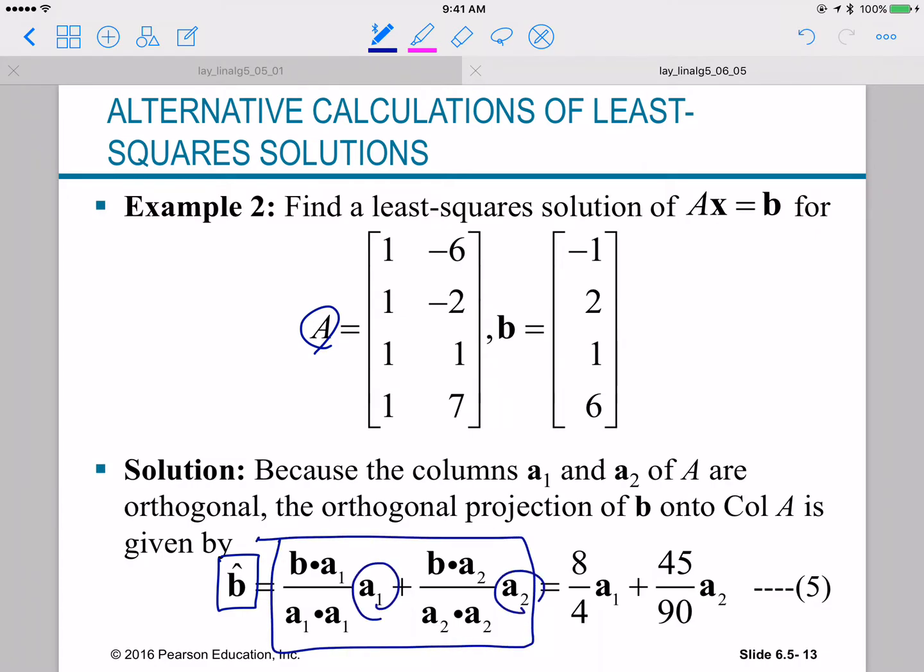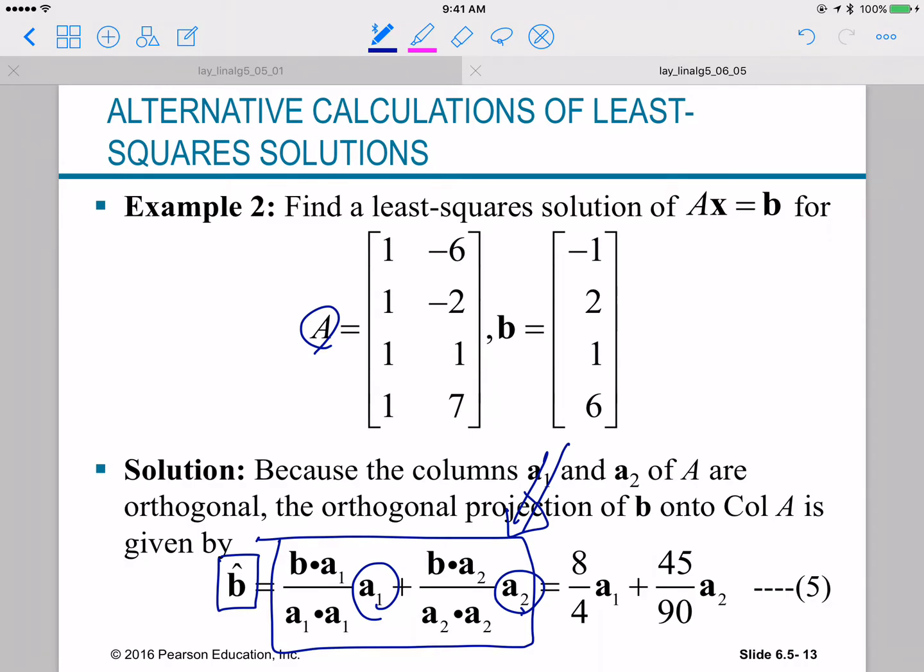So we are given two vectors that are orthogonal to each other, and the orthogonal projection onto the subspace spanned by these two vectors a1 and a2 is computed by this simple formula, right? This is B hat.